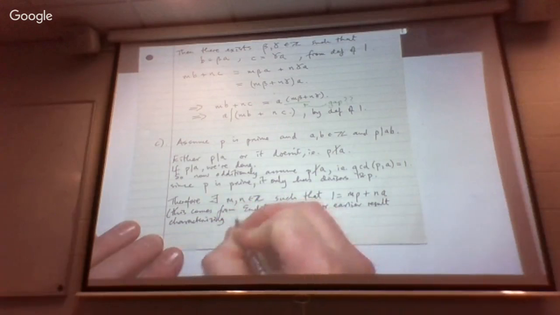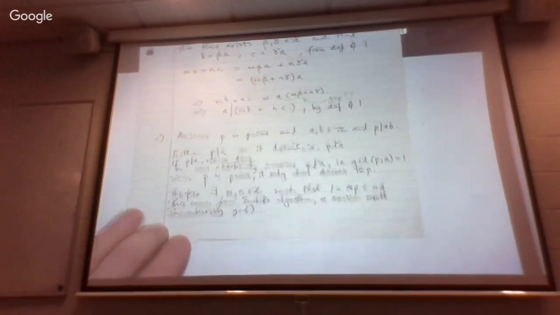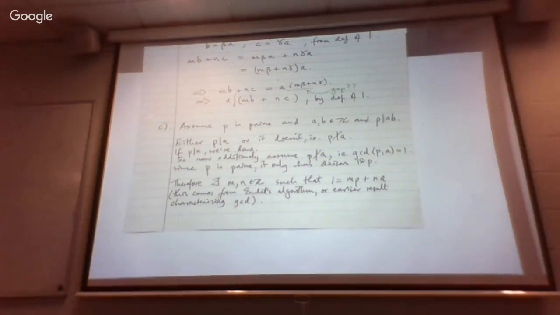Even before we proved Euclid's algorithm, we proved a lemma that said the greatest common divisor can always be expressed as a linear combination of two numbers. So I've clearly stated that result, and given some attribution for it, so I can use it now.